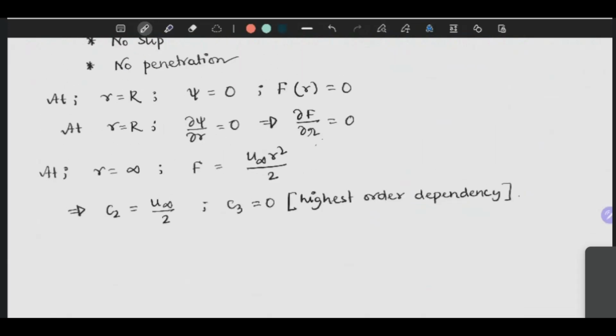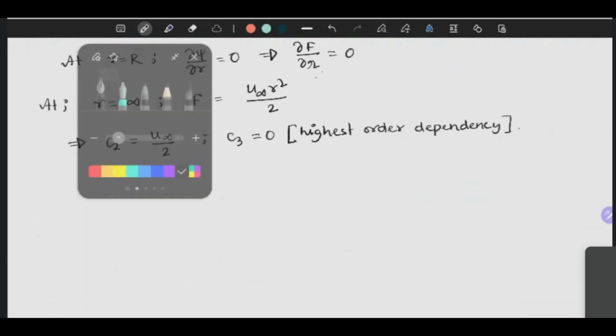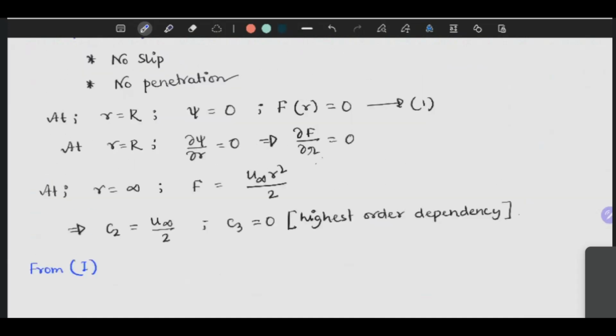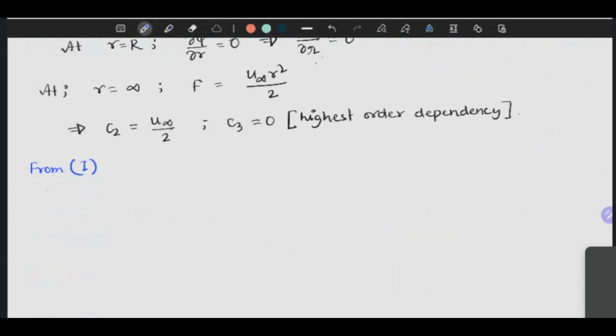Now from the first thing, at r equal to R, from this equation 1, let's say this takes its I. If at r equal to R it must be 0, that makes C1 R plus C2, which is C2 is given U infinity by 2, so U infinity R square by 2 plus C4 by R must be 0.